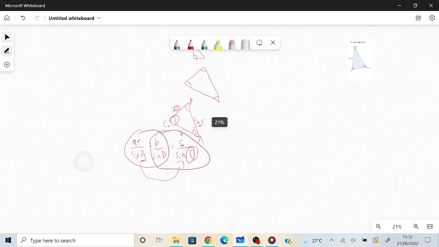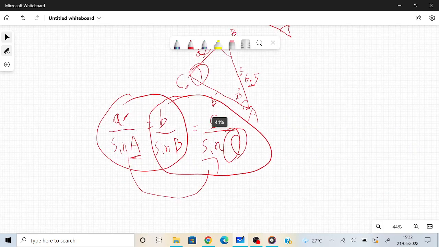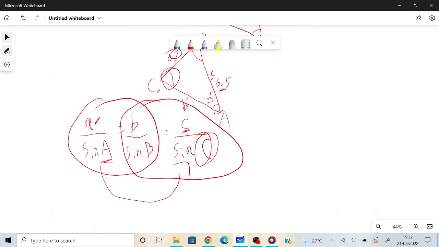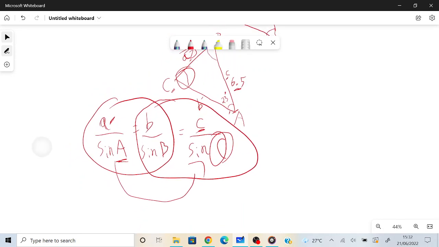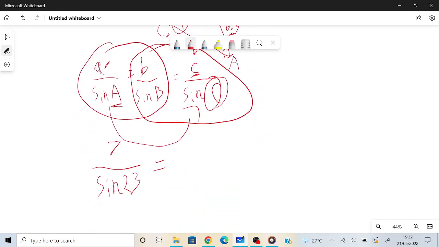Microsoft whiteboard just acting up a bit here. Right, so small a, that's 7 over sine capital A, which is 23, equals small c, which in this case is 6.5, over sine big C, which is what we're trying to find.